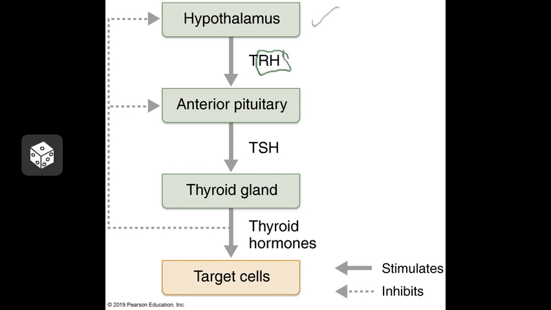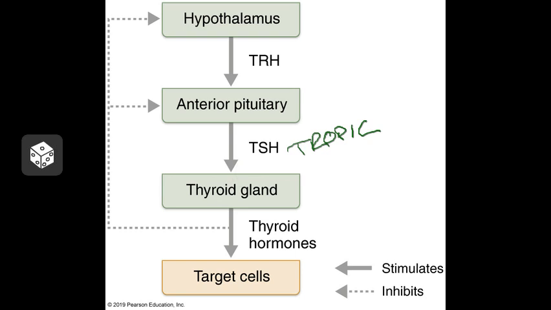It targets the anterior pituitary, therefore this is tropic. It causes the anterior pituitary to secrete another hormone, in this case TSH, or thyroid stimulating hormone. TSH is secreted into the bloodstream, carried to the thyroid gland, where it will bind to its receptors and cause the thyroid gland to do its magic. That means TSH is also tropic.